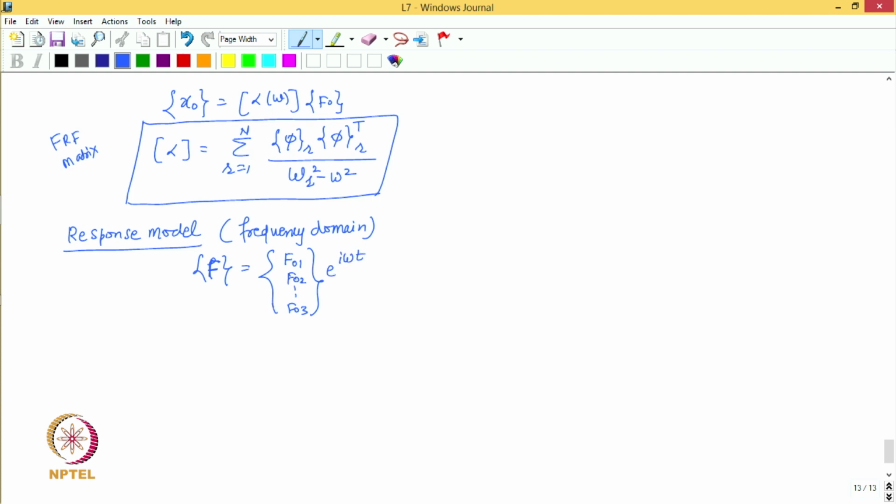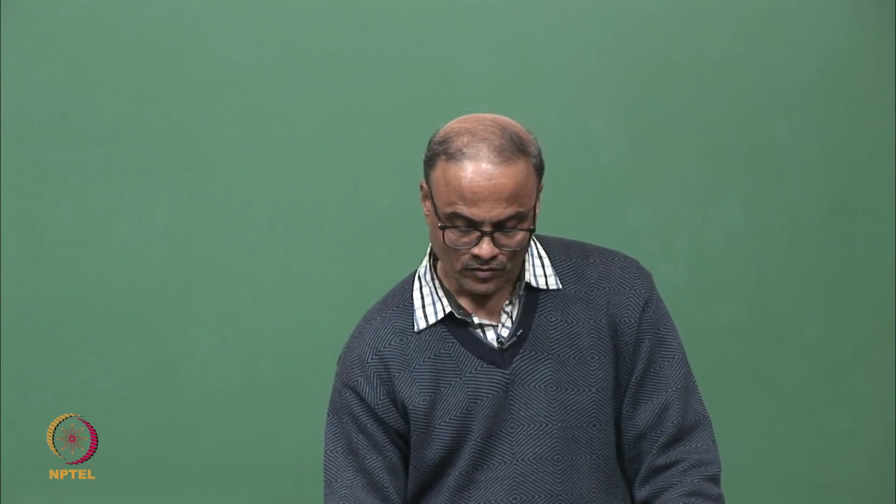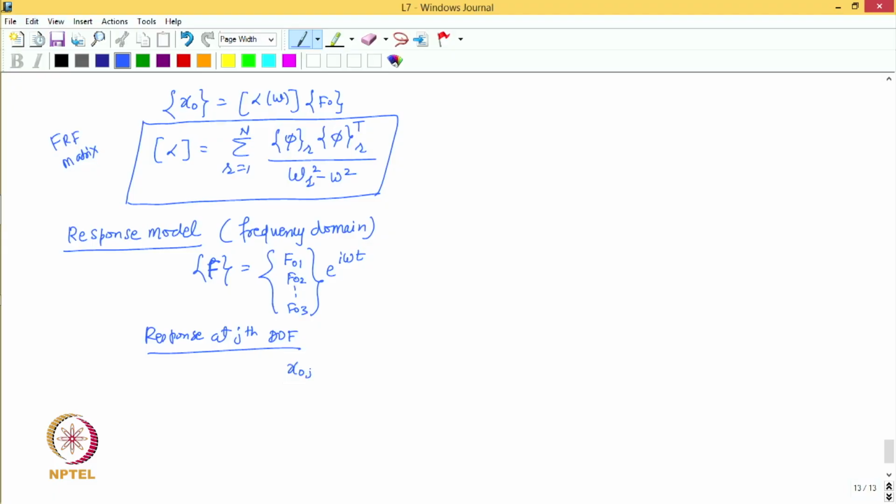Then how do you find out the response based on the FRFs? Let us say I am interested to find the response at the jth DOF, when all these forces are acting. So, I write down x j, and this of course is at a certain frequency omega.